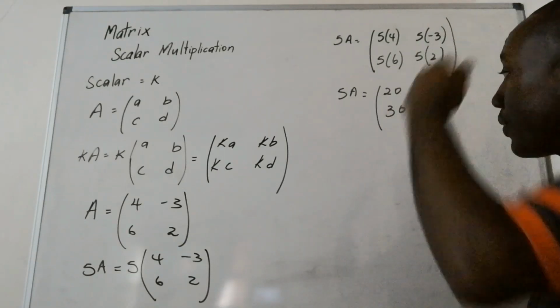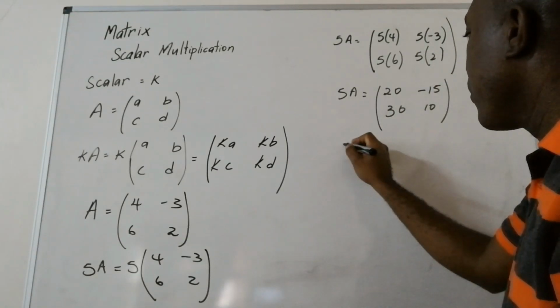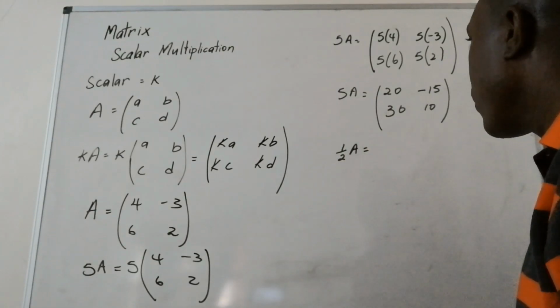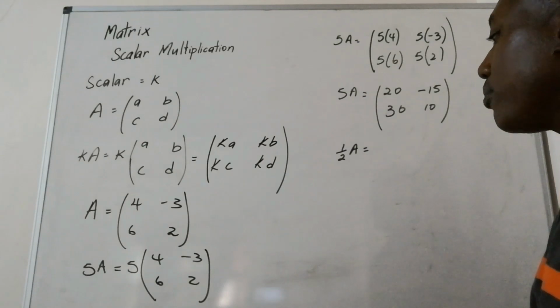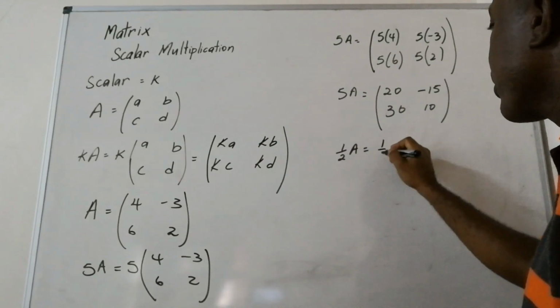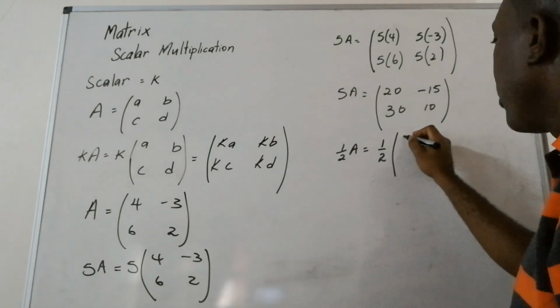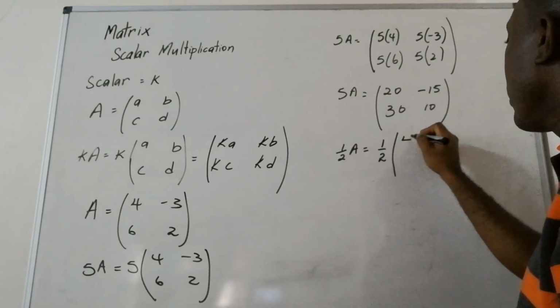Now, let's say we have half A. We want to find half A. So that means we multiply each term in our matrix A by a half.